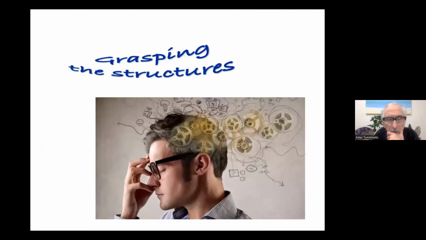Grasping the structures. Please don't try and do it quickly. Reading the book and doing one structure at a time without trying to go through all the structures and do a comparison, unless you have a very broad and expansive mind. Just do one at a time and do reflections on it, either through art, which I recommend.